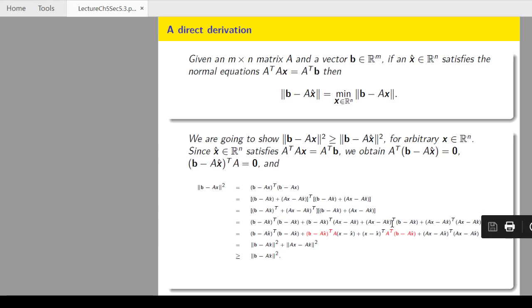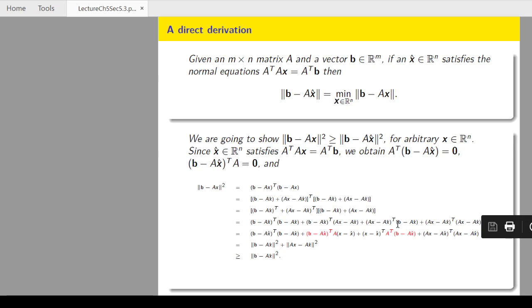And then for the third term here, it is A times the bracket (x minus x hat), transposed. Due to the transpose, we get (x minus x hat) transpose first, and then times A transpose.